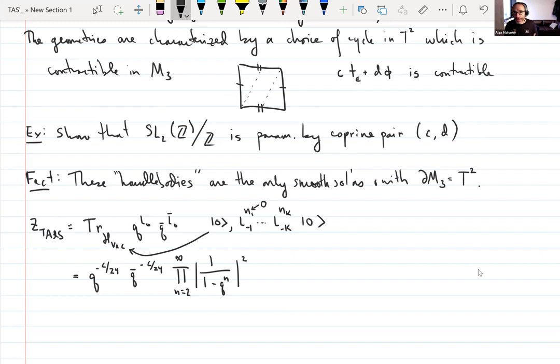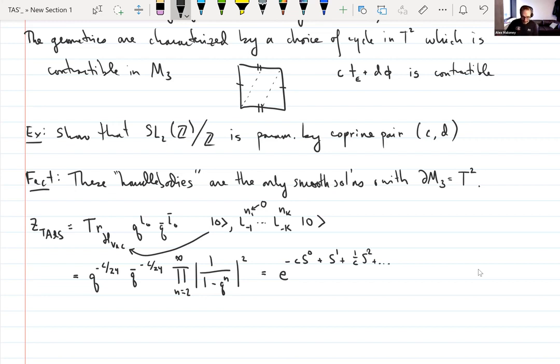To say it a little more fancily, this is the contribution coming from the integral over metrics that are continuously connected to thermal AdS, which we, in the language of quantum perturbation theory, would write as a classical action, which would be proportional to c, and a one-loop action, a two-loop action, and so on and so forth.